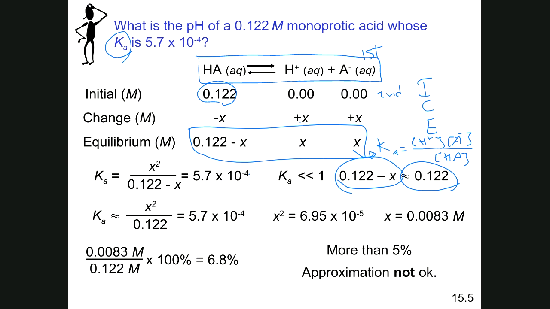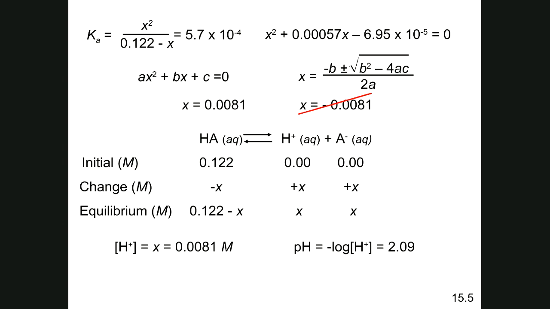You approximate, you find the value for X, we calculate the percentage, it is greater than 5, so our approximation is not valid, so we have to find the X exactly. To find the X exactly, we don't approximate this.